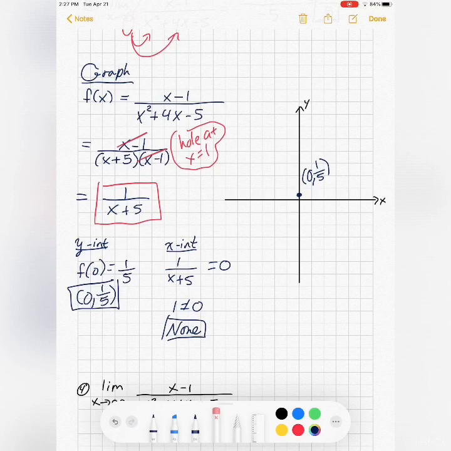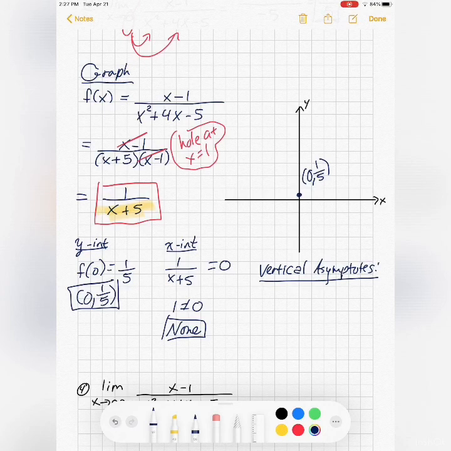Okay, what are some other things that we found as far as rational functions? We found vertical asymptotes. So for those, I look at the reduced fraction. Okay, and I look at the denominator.